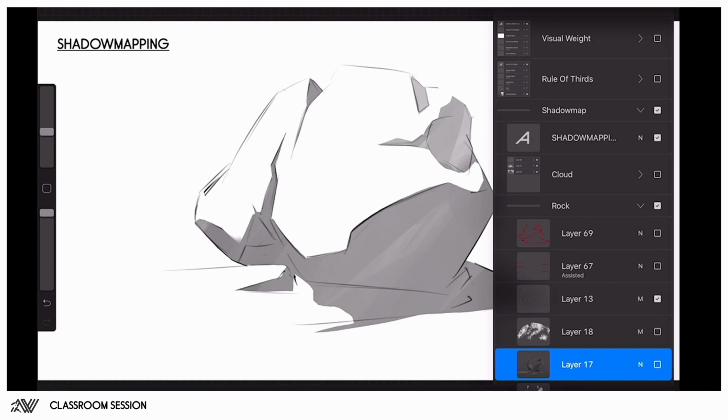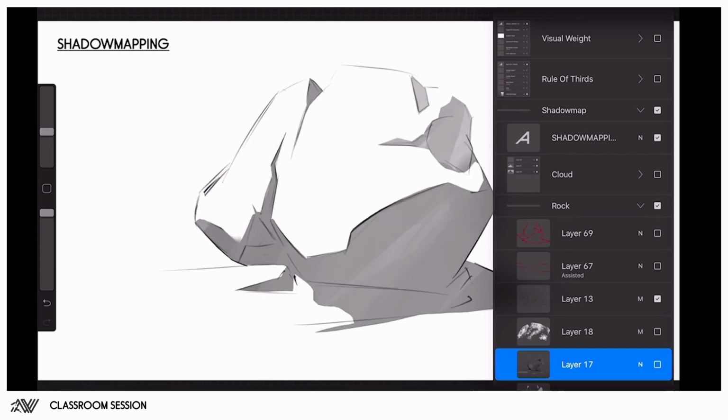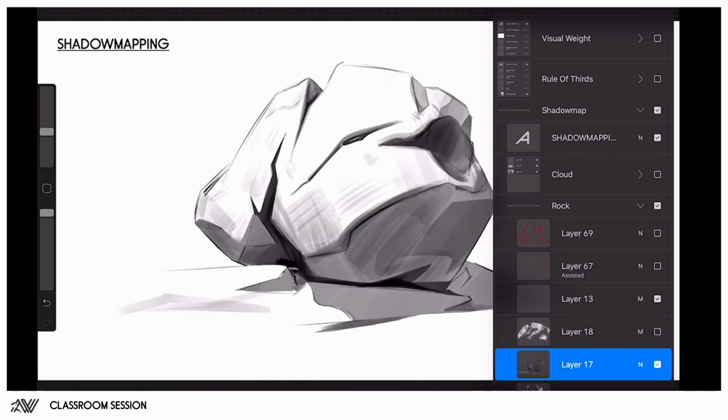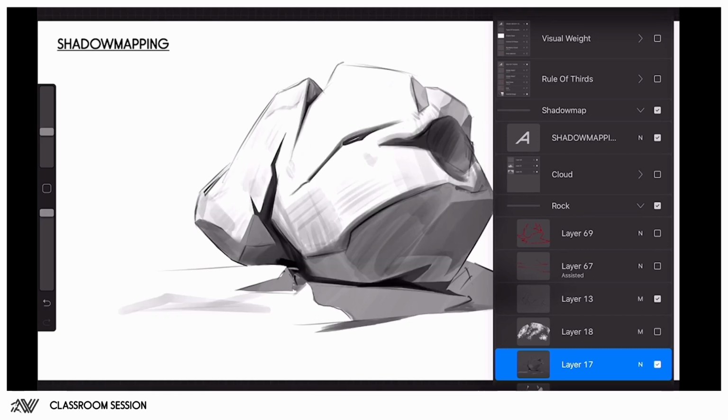Okay, and then for my layer 2, I basically transform that graphic looking posterized image of a rock, and I soften it up and make it look more realistic.